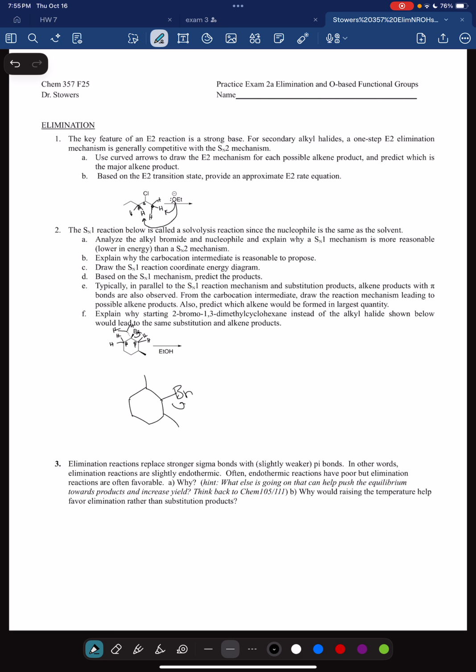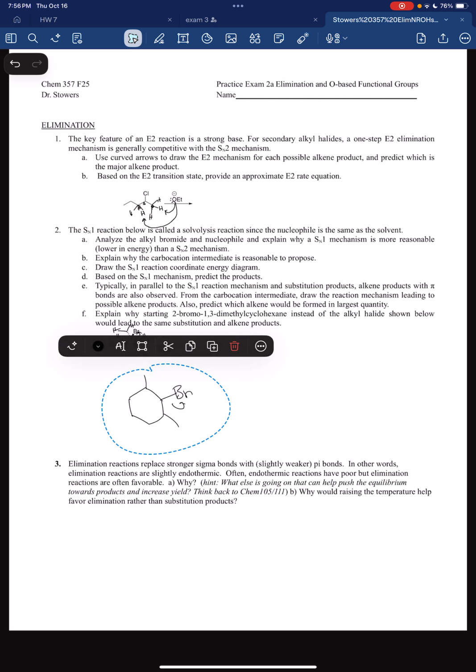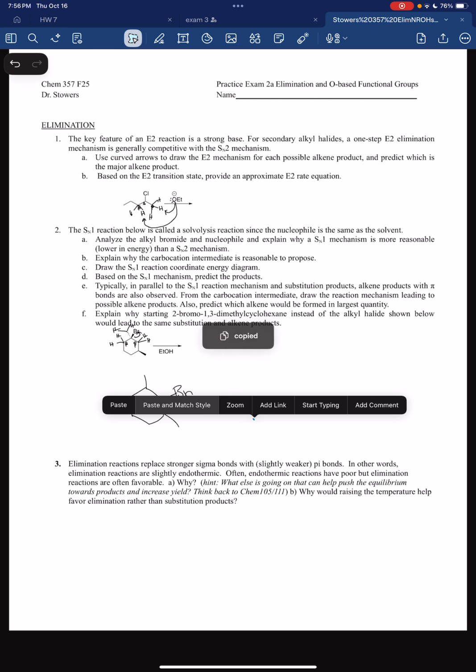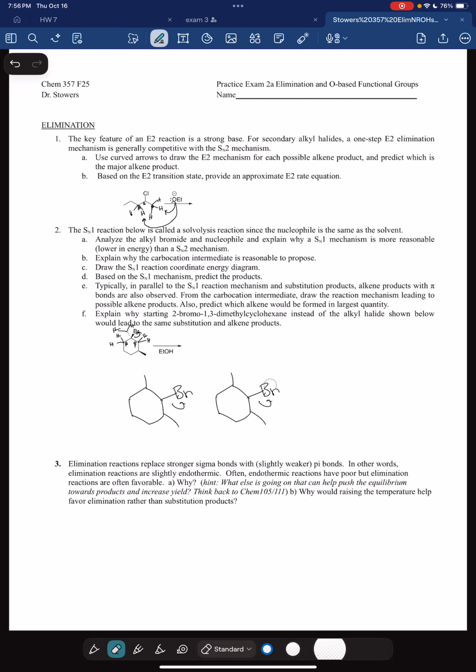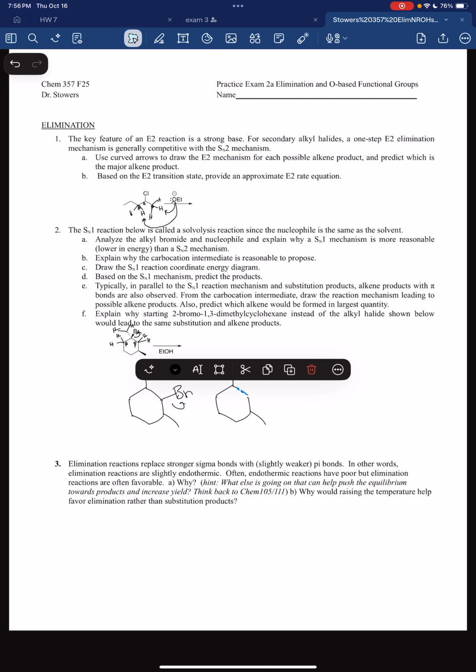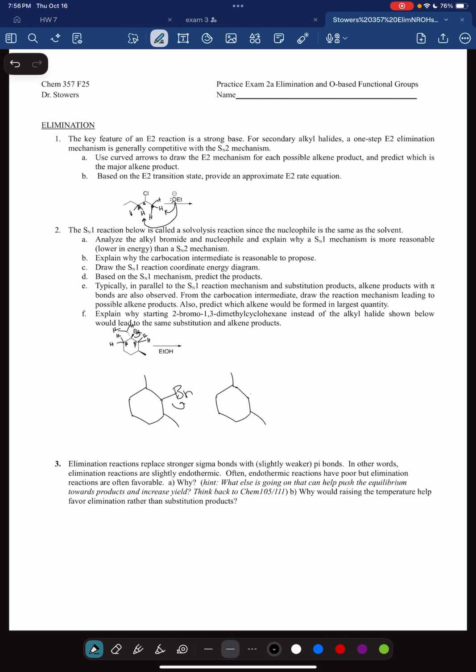And then the bromine will leave, leaving that carbocation. And this carbocation would be like that.